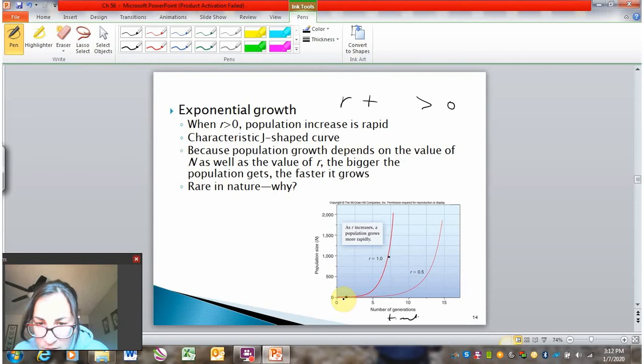On this dot, the rate of change is relatively slow, because if I drew a line there, it's not that steep of a line. But if I were to draw a straight line to imagine the rate of change here, that would be a much more steep line.